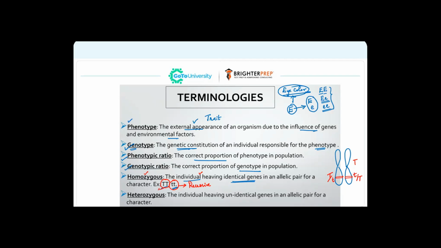So capital T will be representing a homozygous dominant genotype, whereas small t will be representing homozygous recessive genotype.